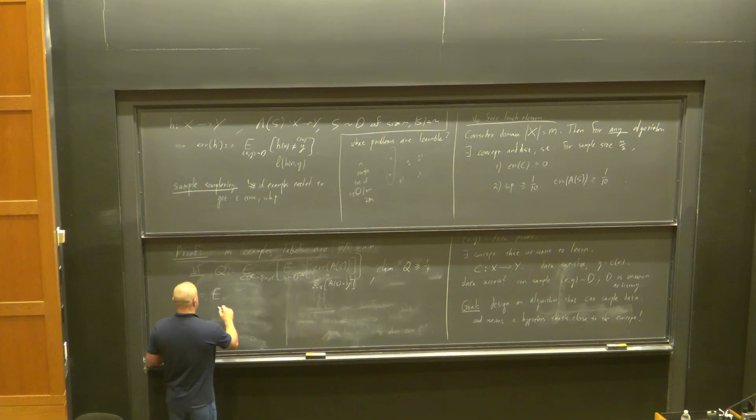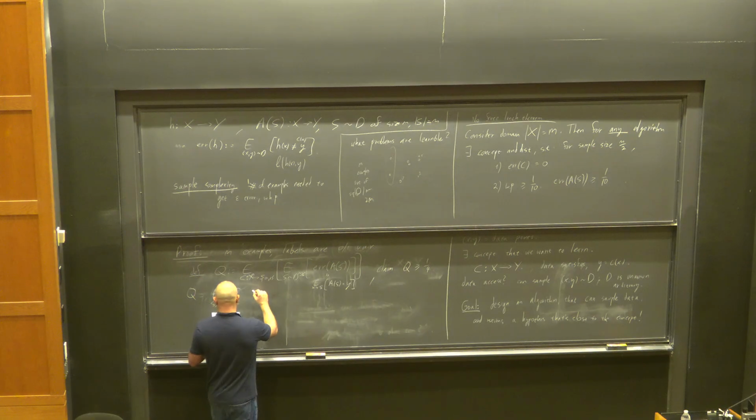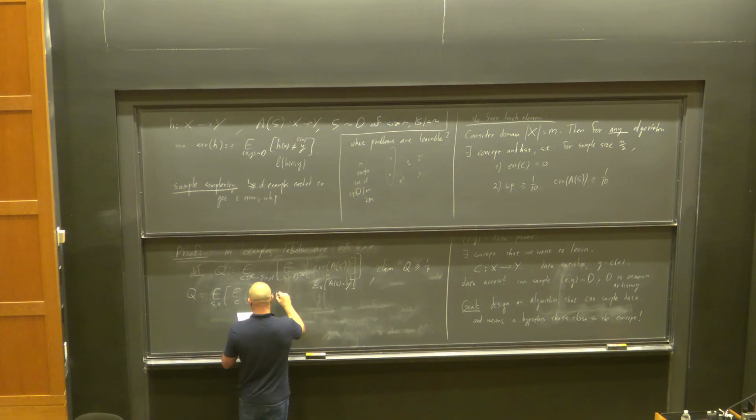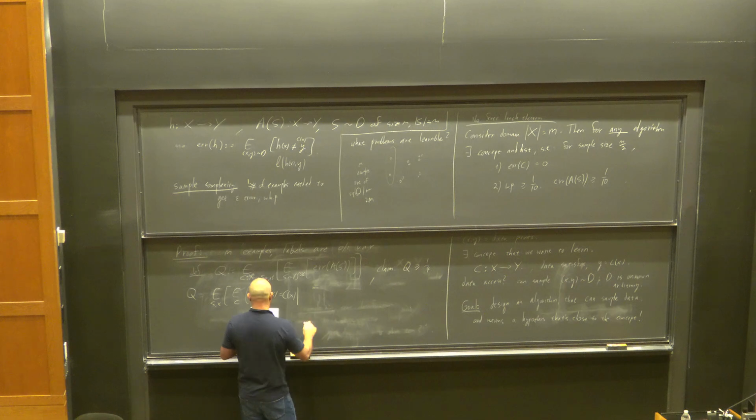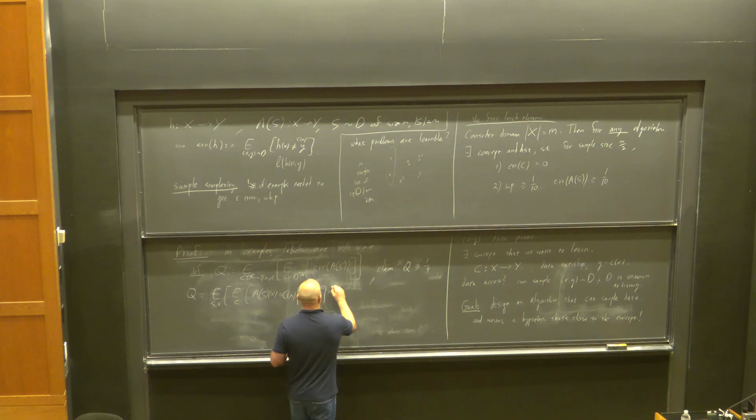So I can write expectation over s and x, expectation over the concept, A of s of x not equal to c of x, given x in s, times probability x in s.